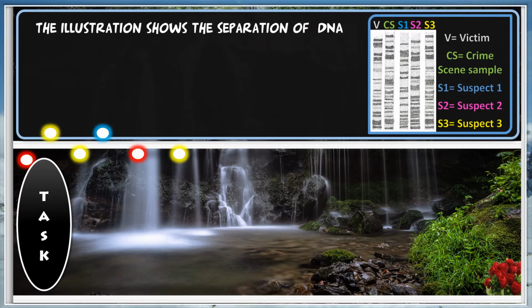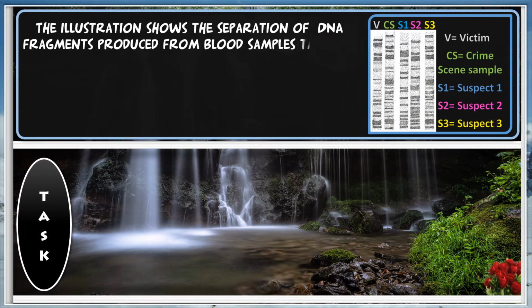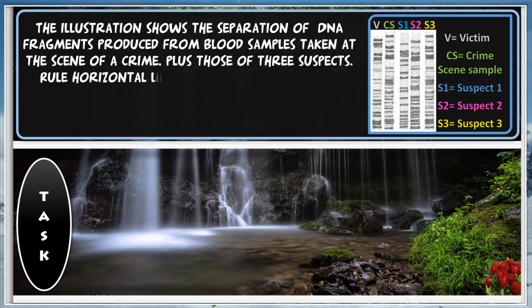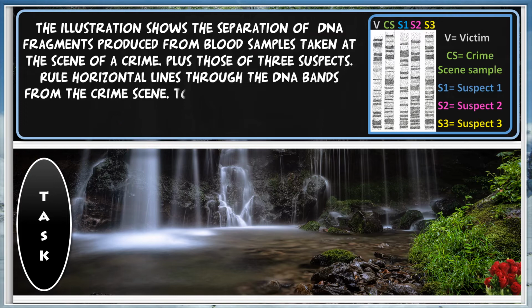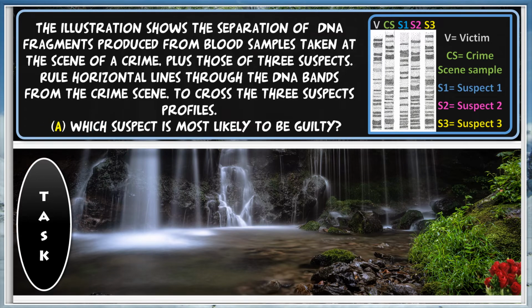The illustration shows the separation of DNA fragments produced from a blood sample taken at the scene of a crime, plus those of 3 suspects. Rule horizontal lines through the DNA bands from the crime scene to cross the 3 suspects' profiles.